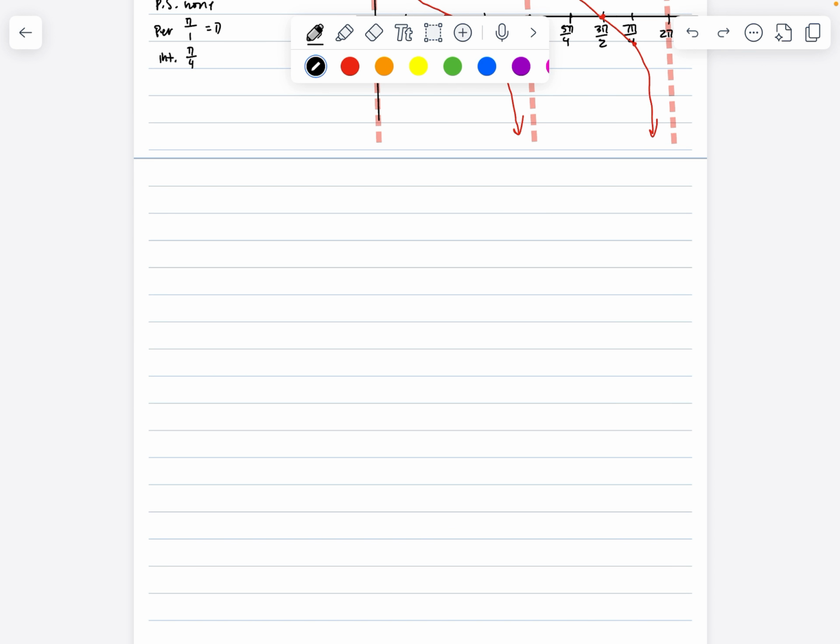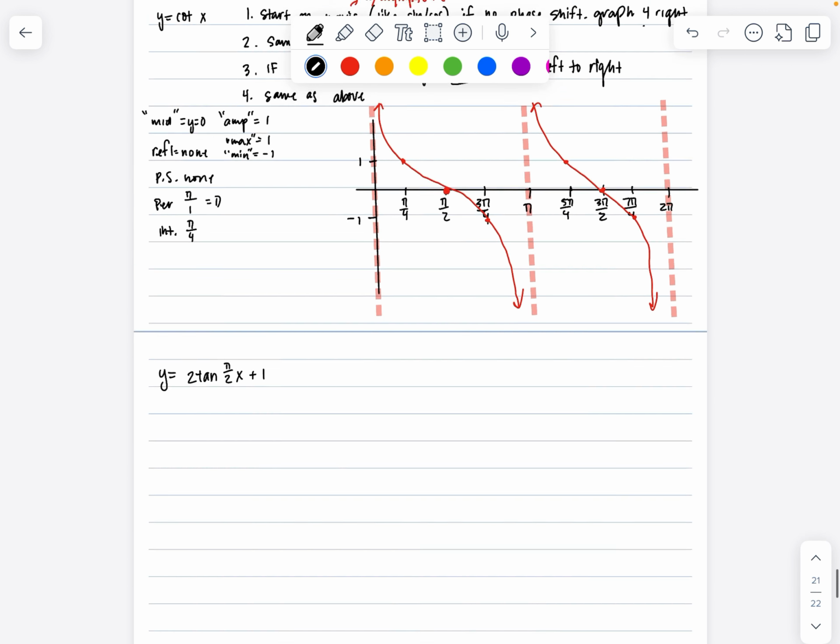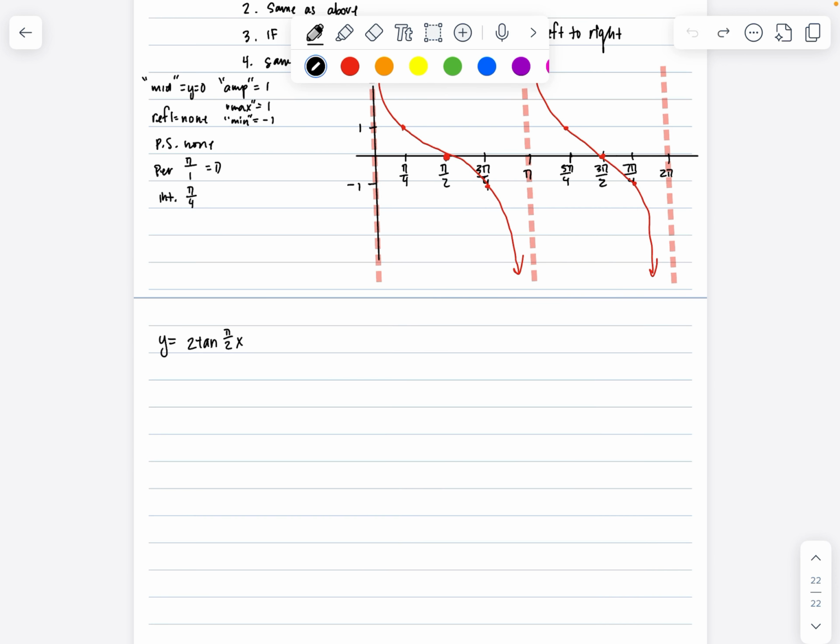If I, for instance, give you y is equal to, let's say 2 tangent, and let's say we have pi over 2 x plus 1. Okay, so right now, for sure, actually, let's drop the plus 1.